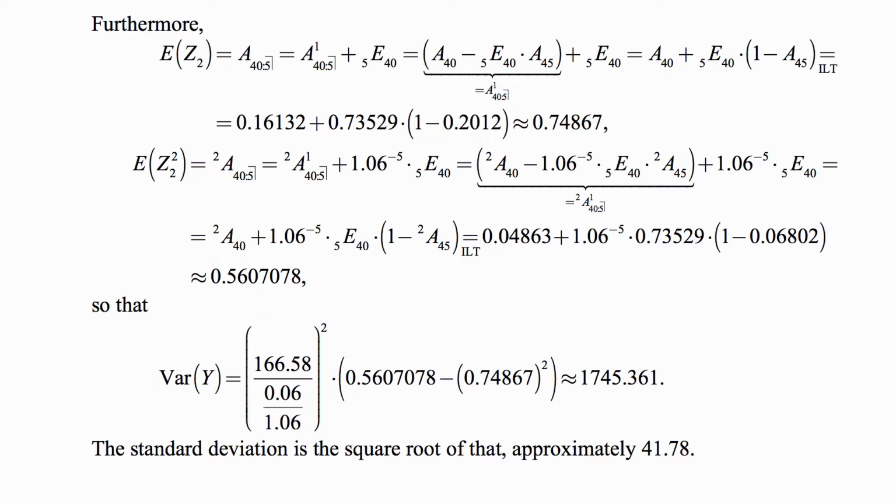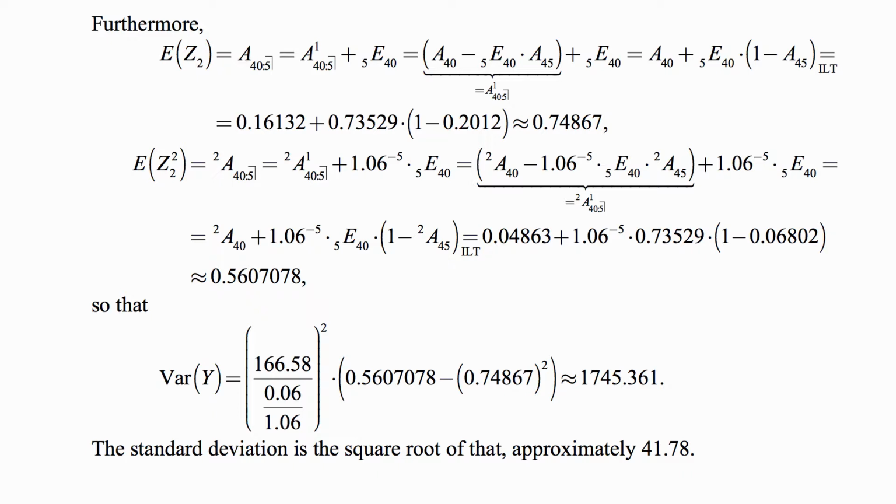Furthermore, we have that E of Z2 is A40:5 with a 1 above the 40, indicating term coverage plus pure endowment after 5 years.